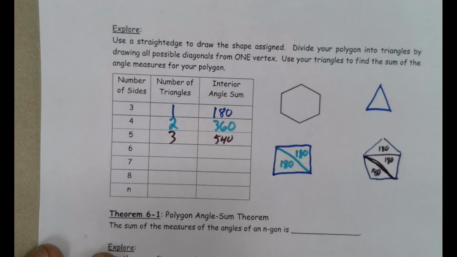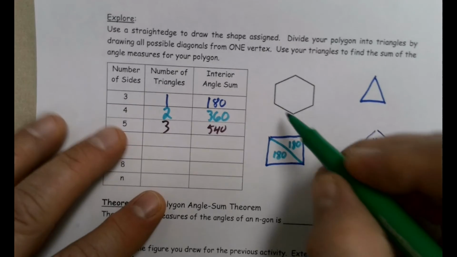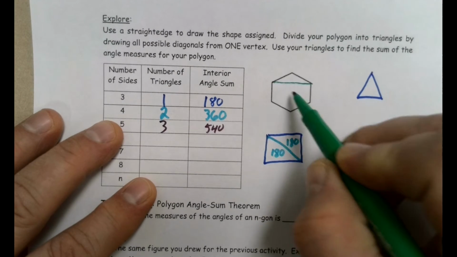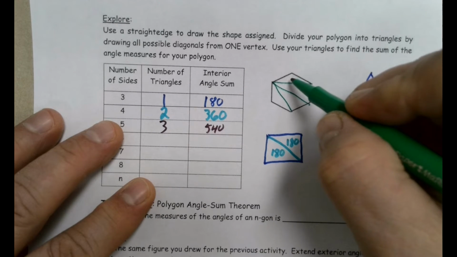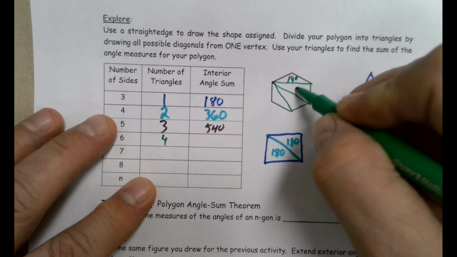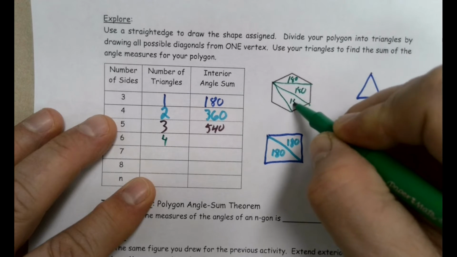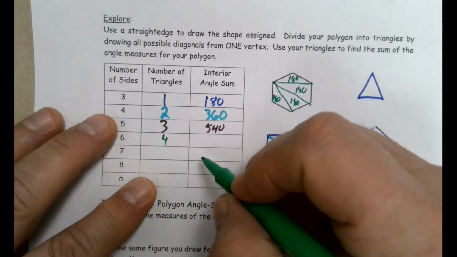If I did that with the hexagon right here, 1, 2, 3 lines, and I've got 1, 2, 3, 4 triangles, so I've got 180 here, 180 here, 180 here, and 180 here. 4 times 180 gives me 720.